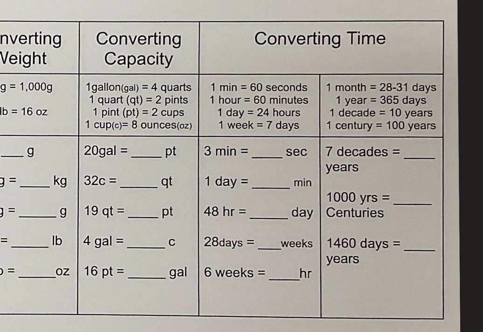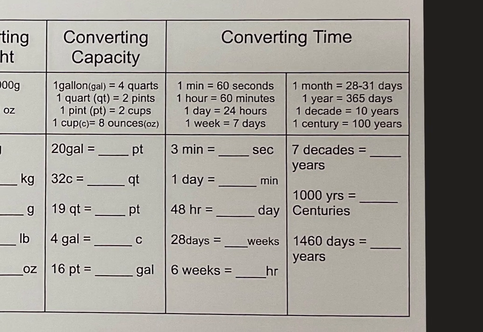And so you can use those 4 conversions to help you out with answering those 5 questions in that column. And then we have 1 month is equal to 28 to 31 days, and then 1 year is 365 days. 1 decade would be 10 years, and then 1 century would be 100 years. And I know these are a little bit more difficult to deal with sometimes, but since we have the conversions, you should be able to answer those 3 that are in that column.